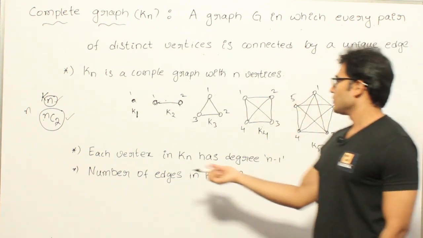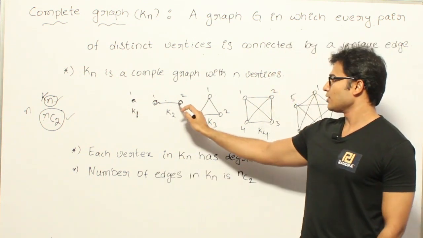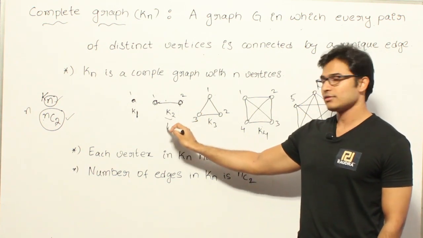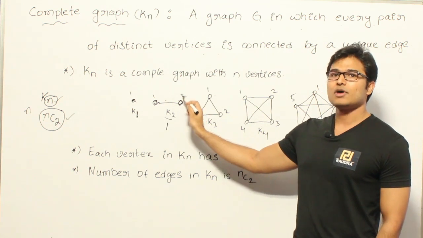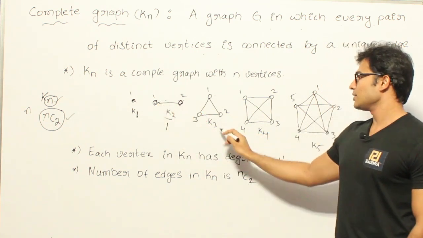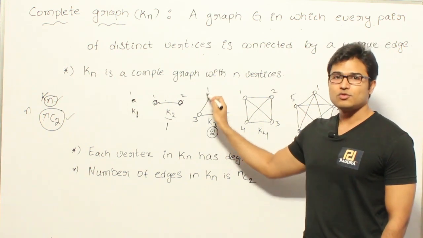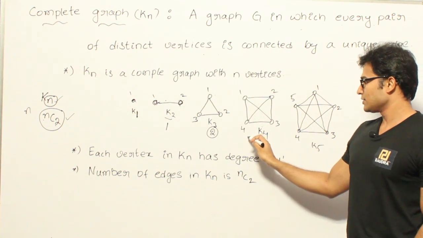And now every vertex in Kn has degree n minus 1. If you observe this, in K2 the degree of every vertex is 1. Why? Because every vertex is adjacent to the other vertex. Now in K3, the degree of every vertex is 2. Why? Every vertex is adjacent to two other vertices, right? In K4, the degree of every vertex is 3.